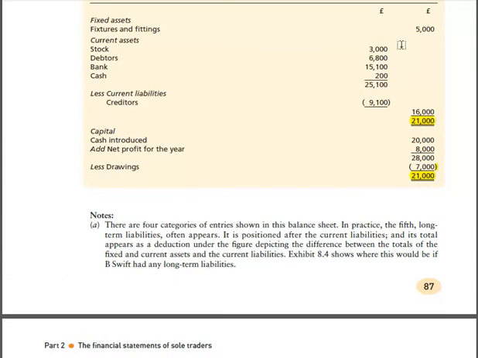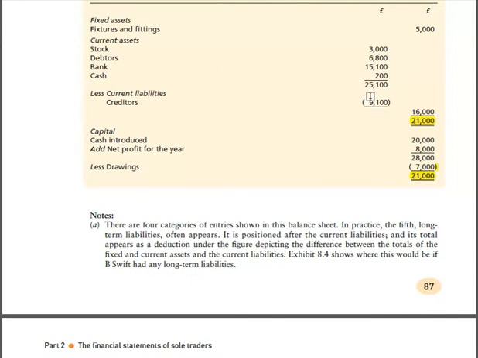Now, one thing that some of you might ask is, why do we not put the current assets figure there and the current liabilities figure here and then just add it up? It's because we need to find out if, in the short term, we were to repay some of the creditors, do we have money in the short term to repay them?